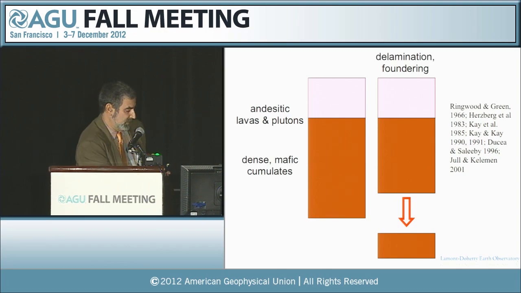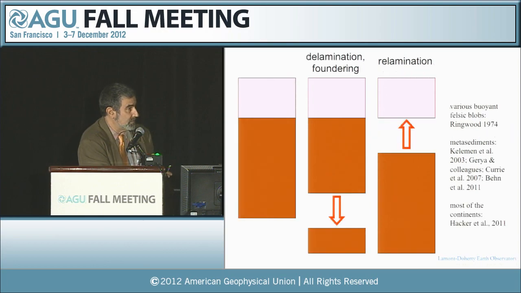and decides that it would like to go down or up. But what has excited me in recent years is to think more about what happens when, for example, arc crust or trench sediments or sediments of any kind subduct on top of a mafic plate.